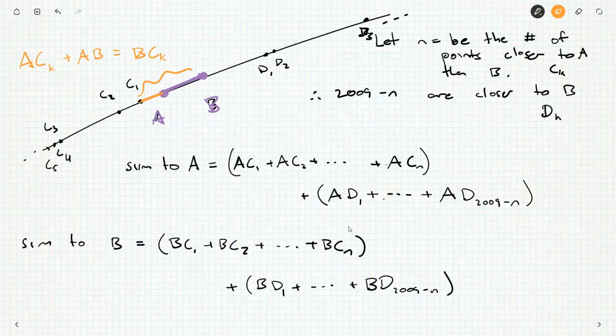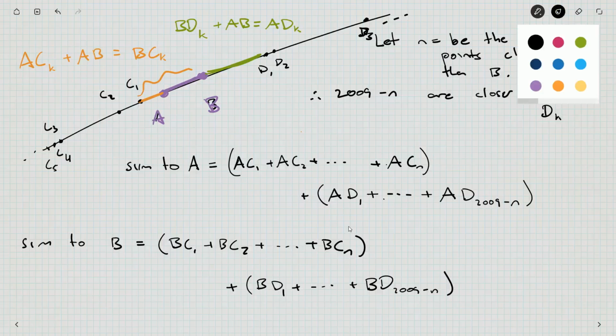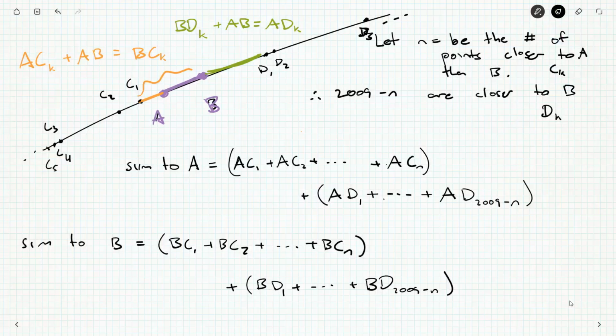And then I think we can get a similar statement with the D's. They're closer to B. So BDK plus AB is ADK. So I'll make a sentence explaining that.